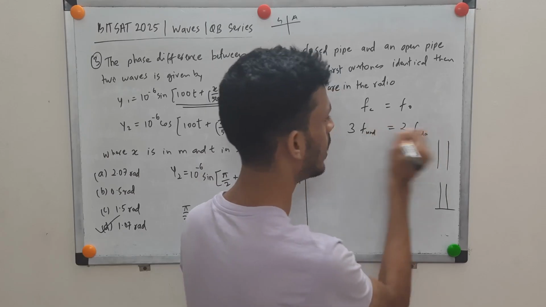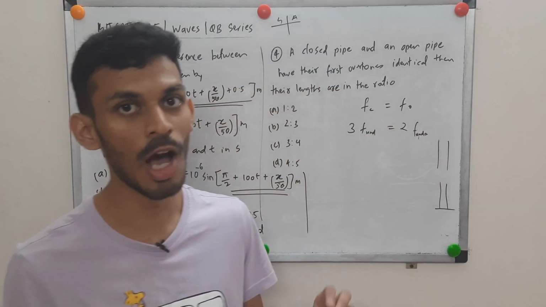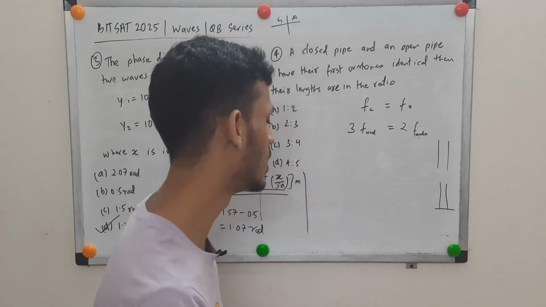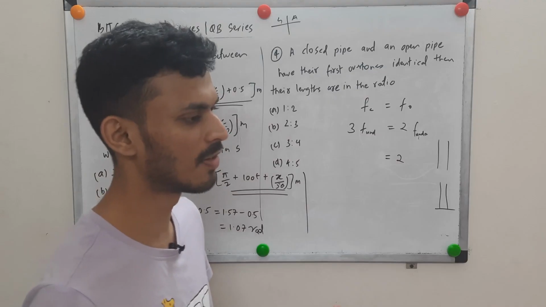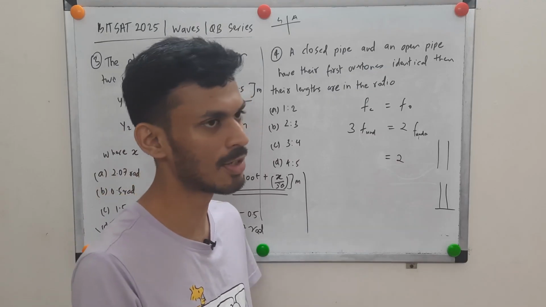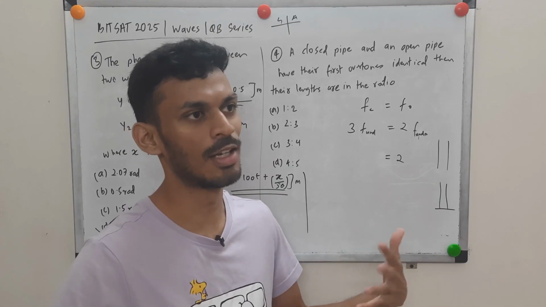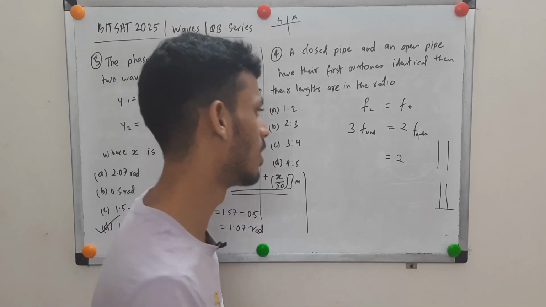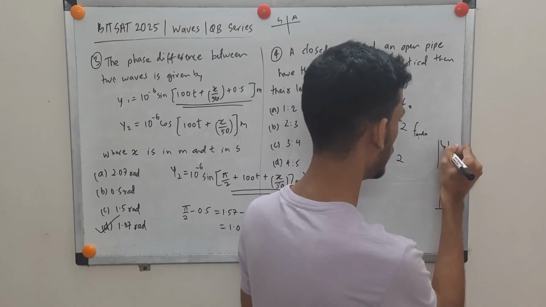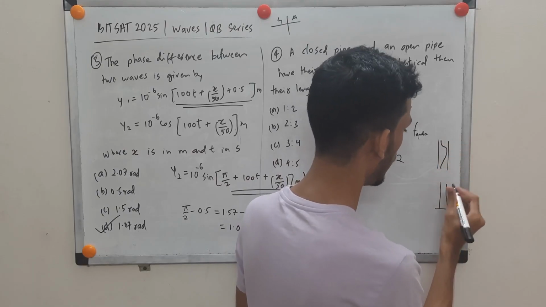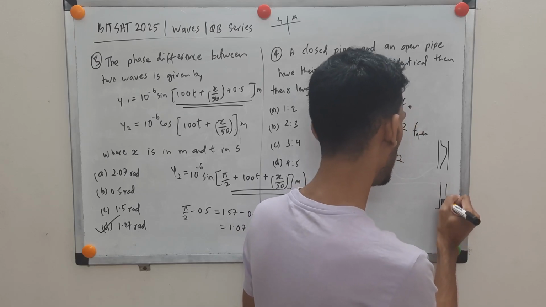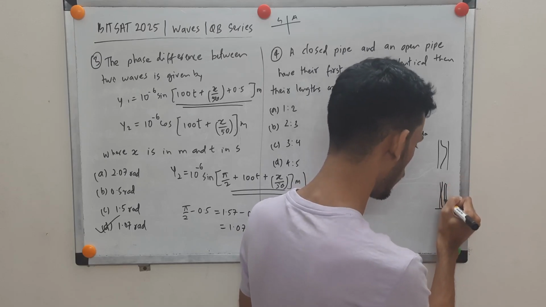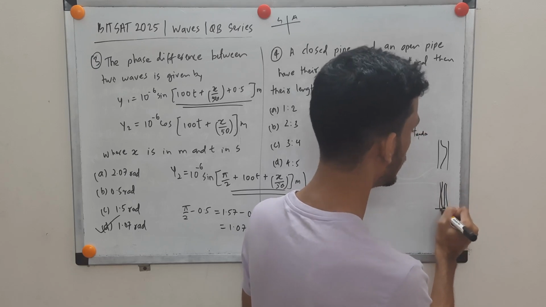Now these two fundamental frequencies for the closed and open pipe are also different. You have to pay attention. For the open pipe, I remember it this way: it's open at both ends, so there is higher oscillation, high chances of oscillation, or you can say greater frequency. So you'll have antinodes at both sides. In this case, you'll have an antinode on one side and a node on the other, because this is closed.